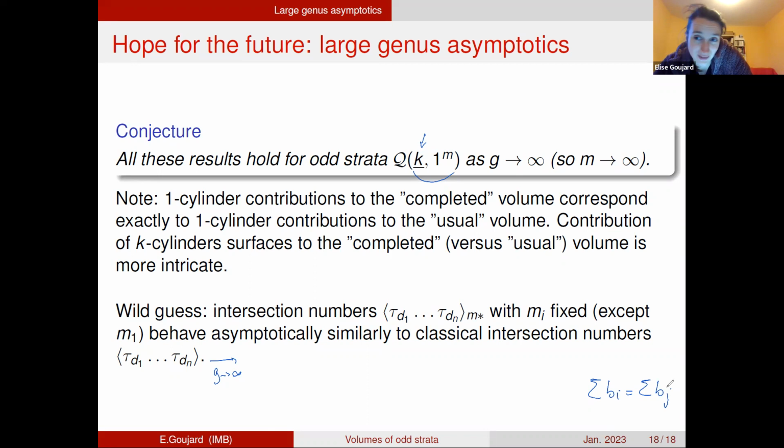That's right. This is what I mean by: you can study separately the contribution of this type of surfaces and that type of surfaces. You have positive contributions. The first application of the formula we get for principal strata was the asymptotics of the volumes as the genus tends to infinity by Aggarwal, and he was able to evaluate which terms contribute the most.